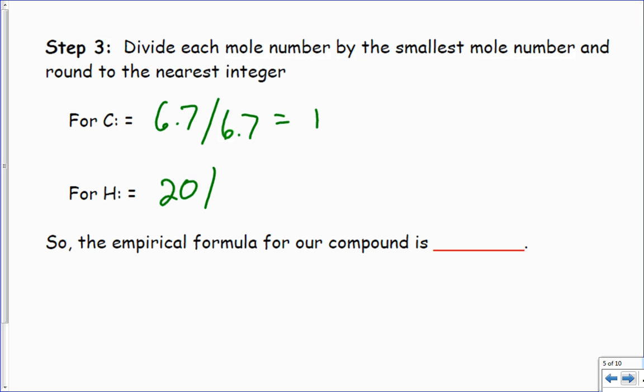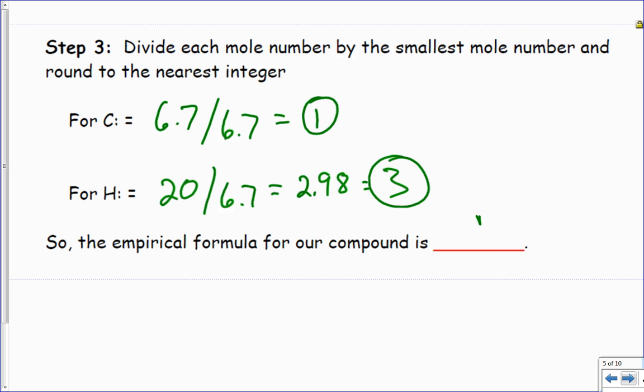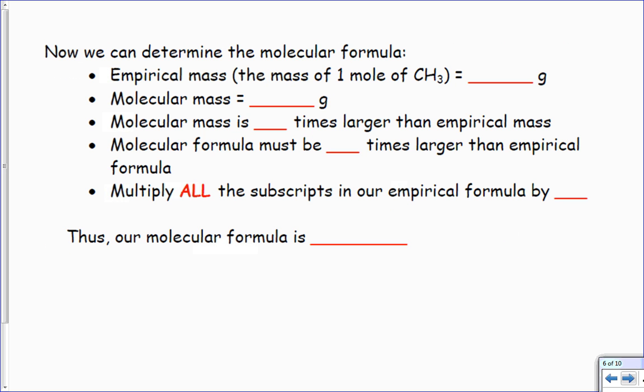And then 20 divided by 6.7 equals 2.98, which is basically 3, which, like I said, is a 1 to 3 ratio, or 1/3. So now these are the subscripts, and I get C1H3. I'm sorry I jumped ahead, but sometimes I get a little goofy, pretty highly caffeinated.